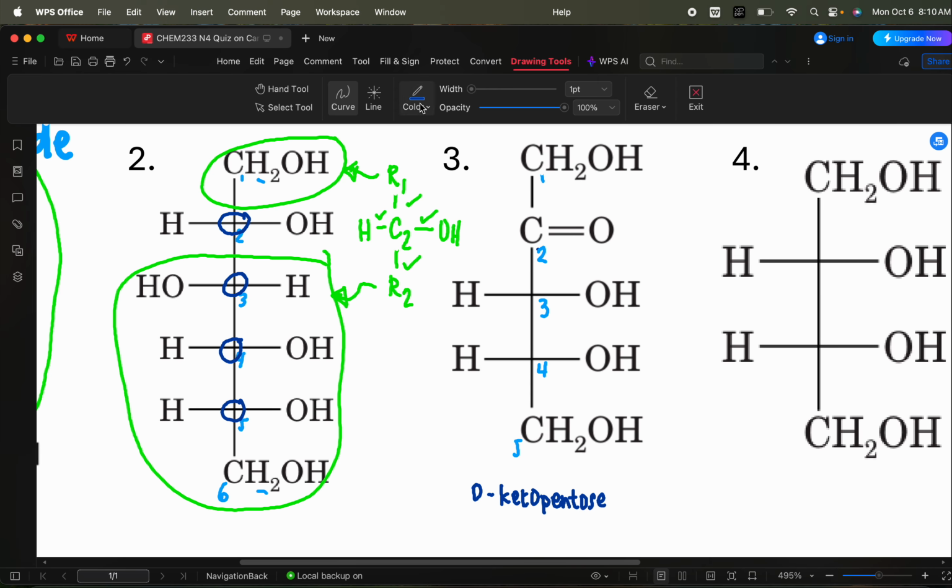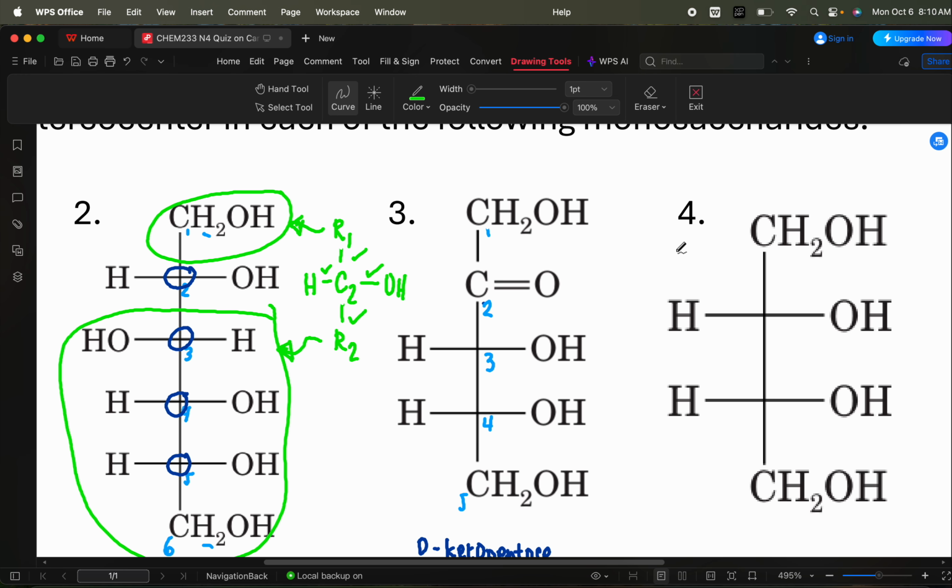Now, for carbon number 1, let's redraw it because it's quite tricky, but it's not. The double bond and hydrogen are already your clue whether or not it is a stereocenter. So carbon number 1 is not, because of the hydrogen. It's disqualified from being a stereocenter. For carbon number 2, you have your double bond O, and then you have a substituent here.